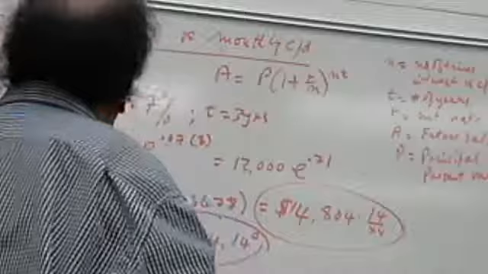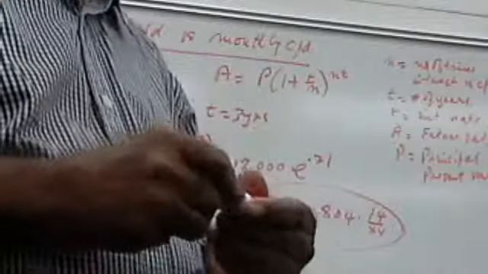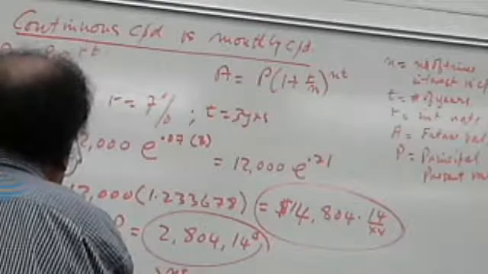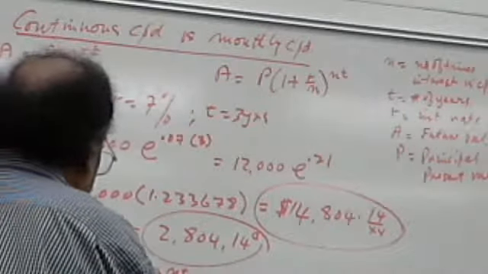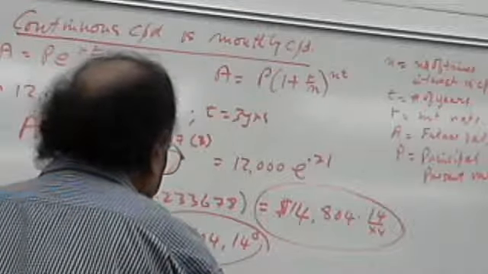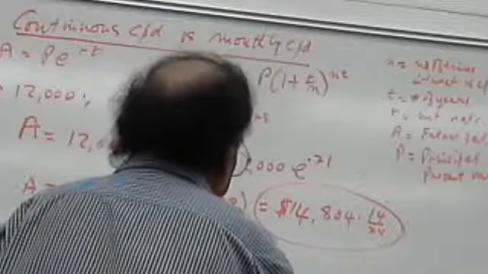So if we substitute these values into the formula, we will get A equal to 12,000 times (1 plus 0.07 divided by 12), everything to the 12 times 3.